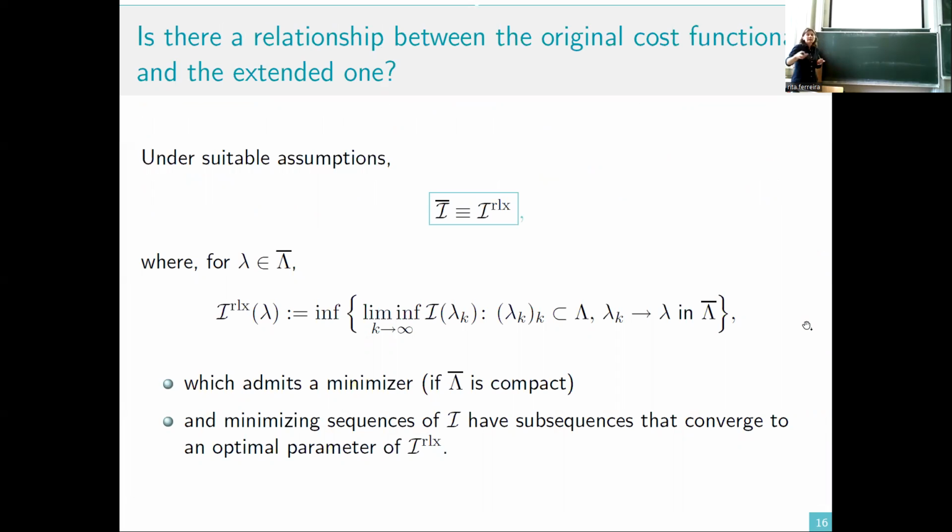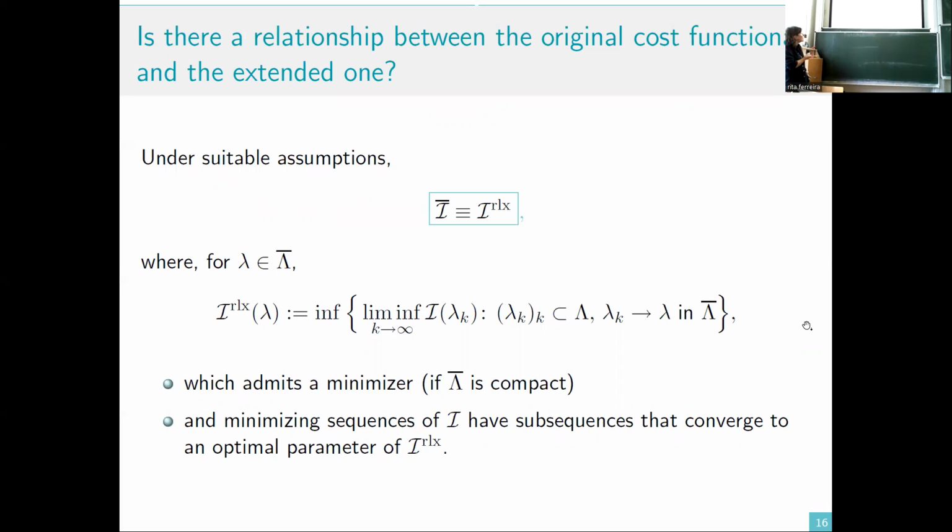But then you ask, okay, I have the original bi-level scheme, I have now this extended bi-level scheme, and we want to understand what is the relationship between these two. And it turns out, under suitable assumptions that I'm going to present to you, this extended cost functional is nothing but the relaxation, the lower semi-continuous envelope of the original one. Good.